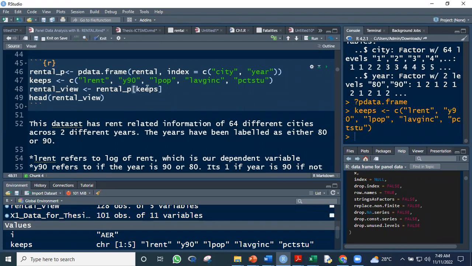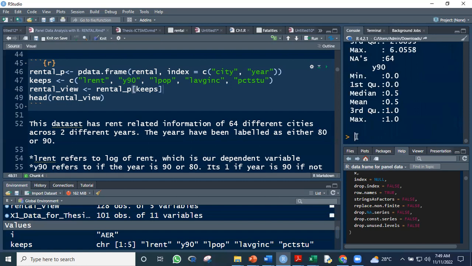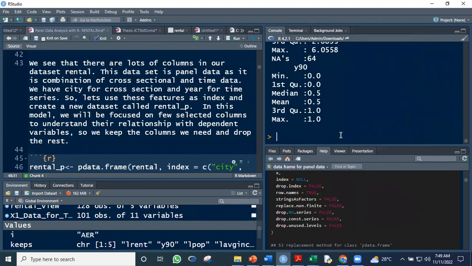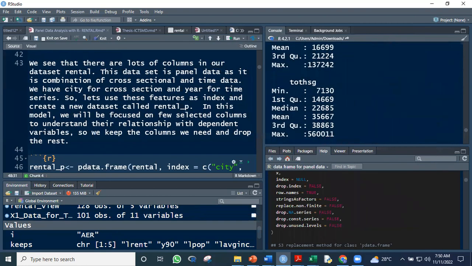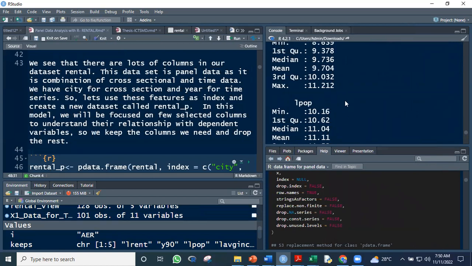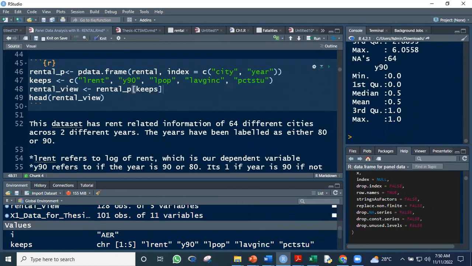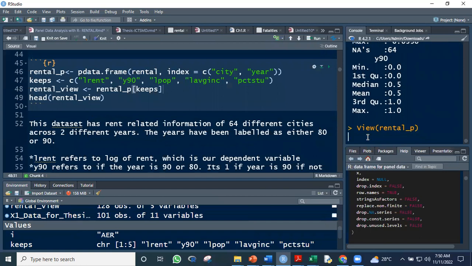Let's see again the summary of rental P. What's included in rental P? It includes all the variables. It's better to view it, so let me view rental underscore P here.